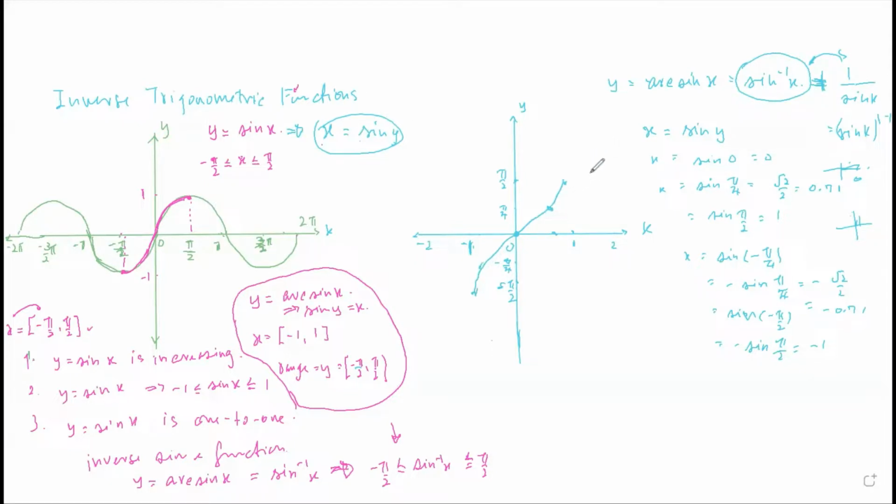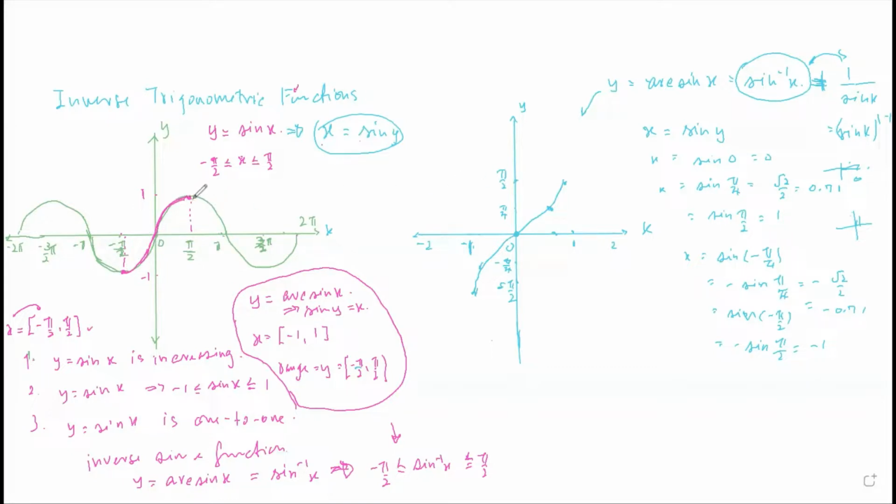Okay. So you can see this. This is a graph of the inverse sine function, and this is a graph of y equals sine x. But then there is the restriction, that's this one. That's why we have a restriction here for the arc sine.